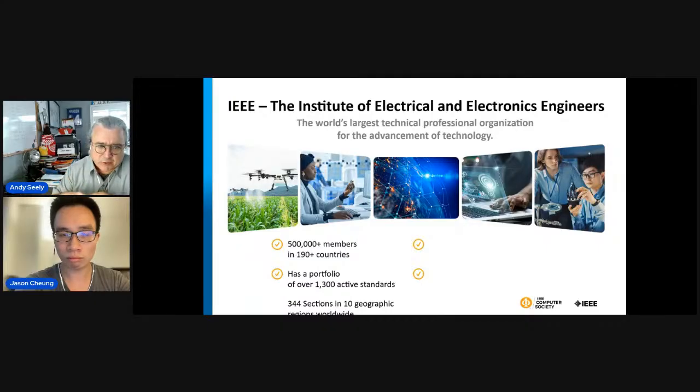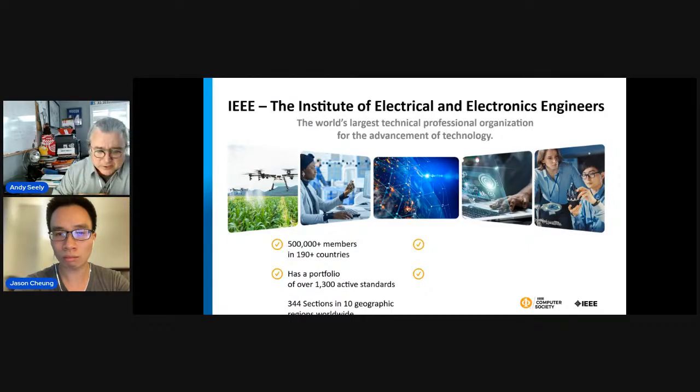Big things that IEEE does is not just create this organizational structure globally that brings people together and helps people in their own technical lane meet colleagues and find opportunities, but we also sponsor international standards, with a portfolio of 1,300 active standards that are used today.